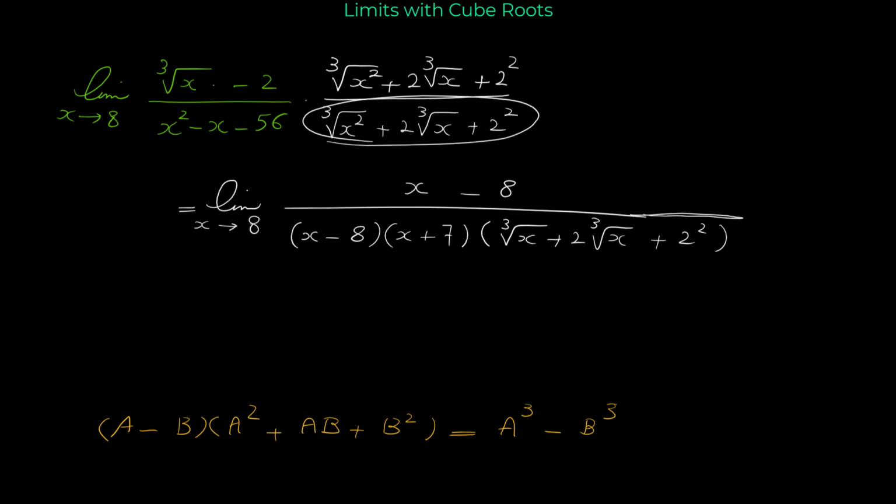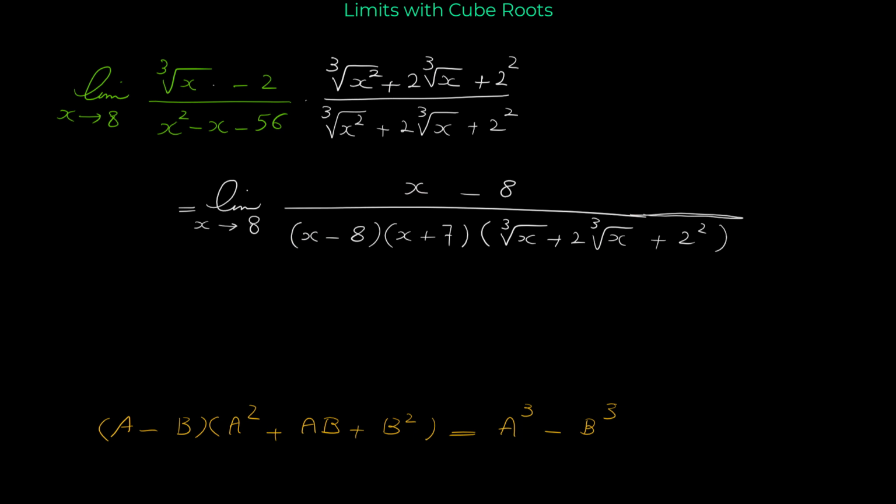Now look at the numerator and denominator. You can see that x minus 8 is the common factor between numerator and denominator. So you can simply cancel this with this.